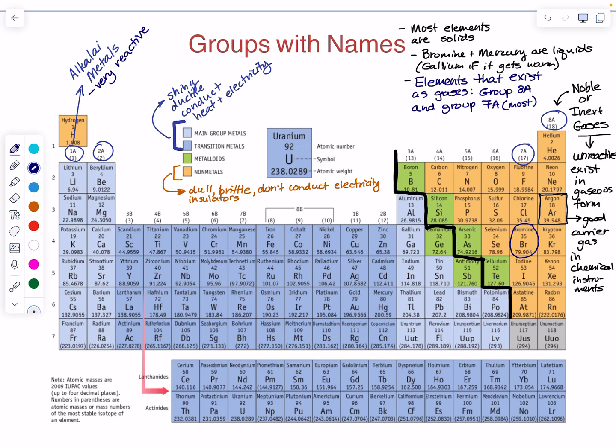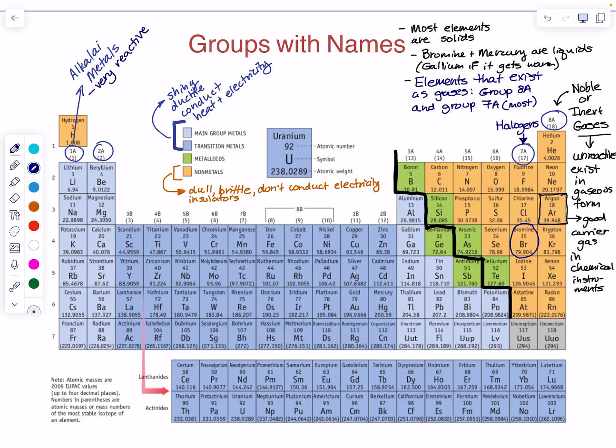And you can have iodine as a solid, but it goes into the gaseous state very easily. So the halogens are the name of this group, okay? And so those will exist as gases or as easily gasified, if you will, solids, okay.